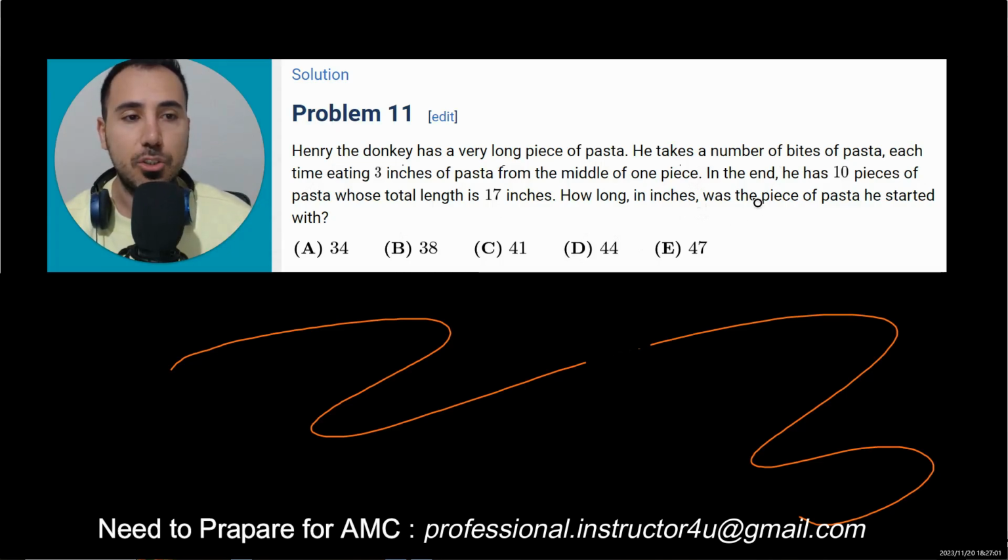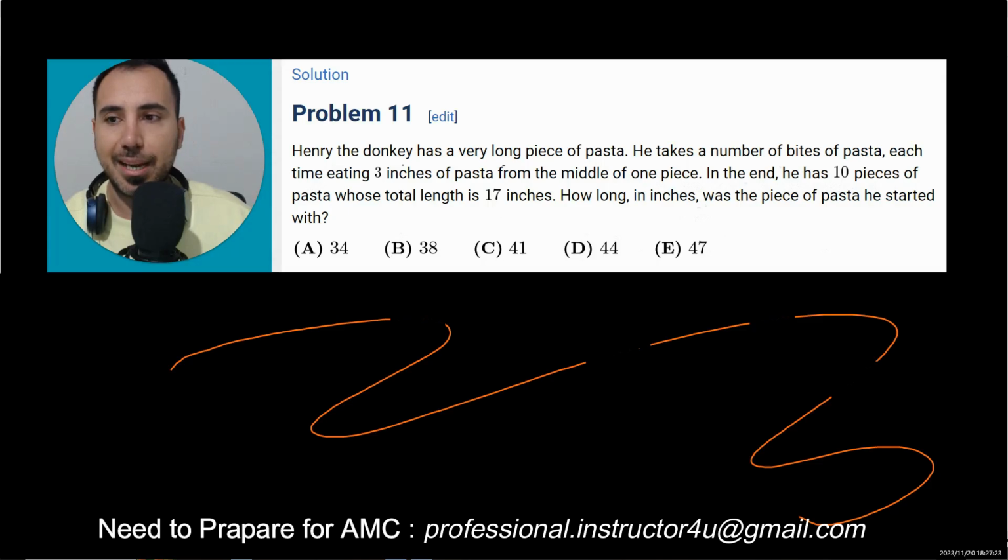In the end, he has 10 pieces of pasta whose total length is 17 inches. Then I eat the one in the middle, maybe this one, and now I have 4 pieces.